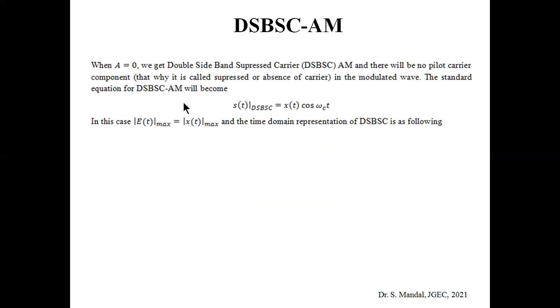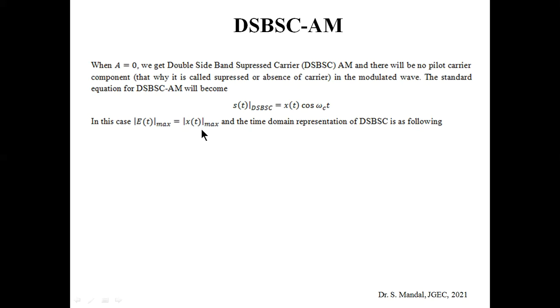So when A becomes 0, we just get double sideband suppressed carrier. That means if there is no pilot carrier, the equation becomes DSBSC, expressed by xt times cos omega_c t. As the carrier is suppressed, we use the term DSBSC. And remember, in case of DSBSC, this condition is satisfied: maximum amplitude of E_t equals maximum amplitude of xt.